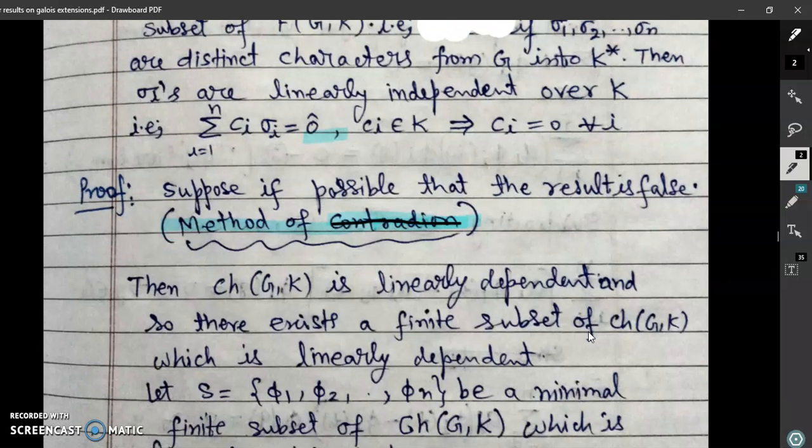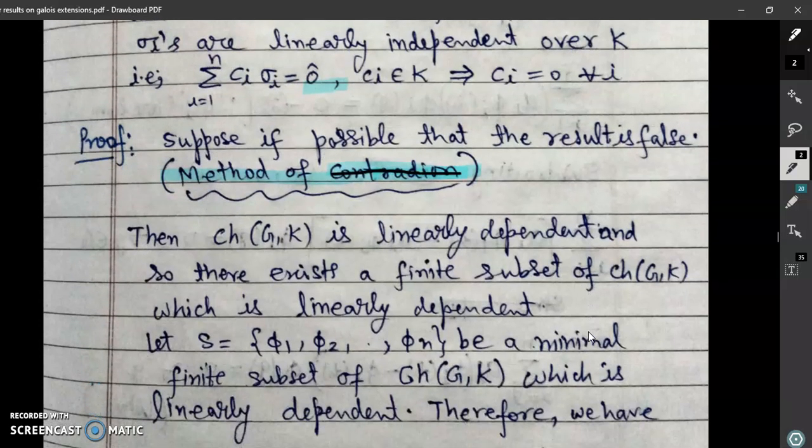So to prove Ch(G,K) is a linearly independent set, we suppose that the result is false, meaning we prove this result by the method of contradiction. It means Ch(G,K) will be a linearly dependent set.